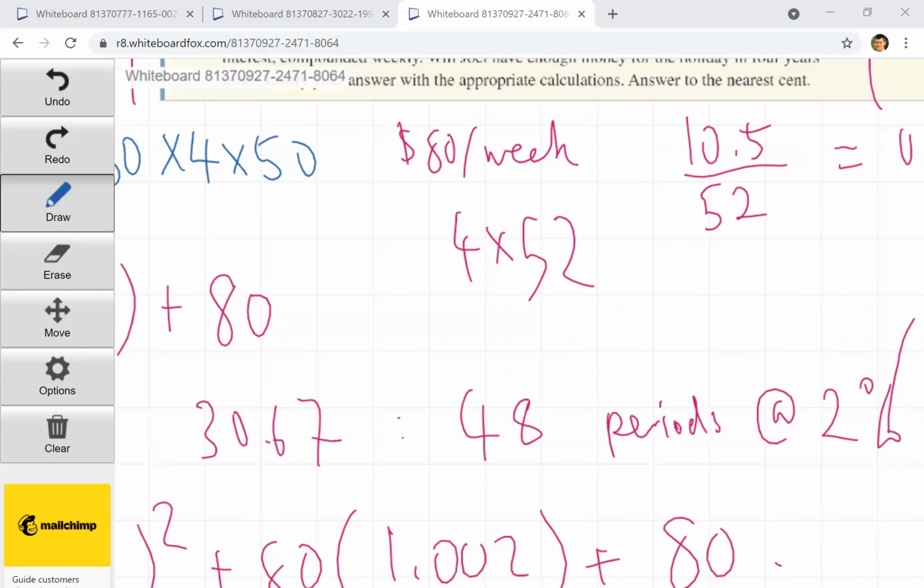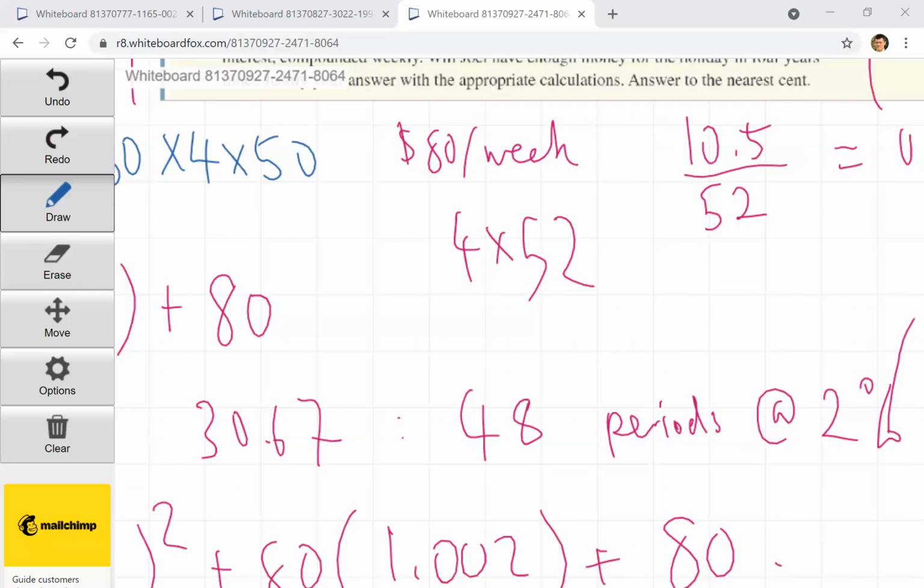So I think it's possible that the present value has to have interest applied to it before it gets to the future value. Does that make sense? Yeah, so maybe the future value is what we're looking for.